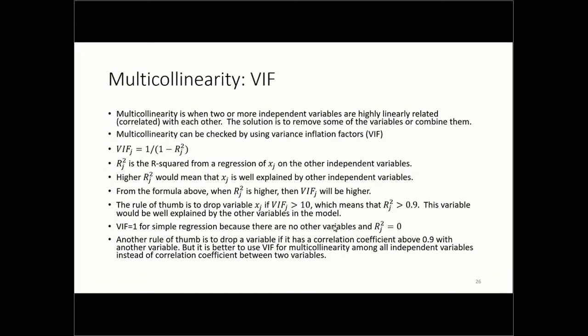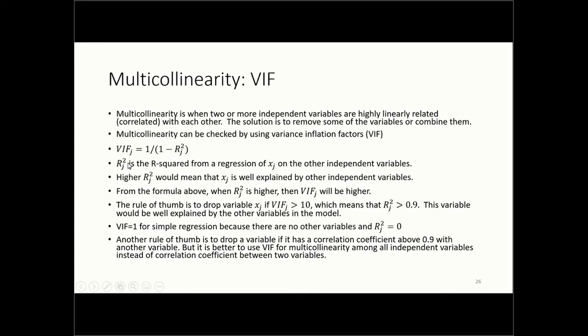So how can we check for multicollinearity? We can use the variance inflation factors, or VIF. VIF is calculated for an independent variable j, or coefficient j, as 1 divided by 1 minus R squared j.